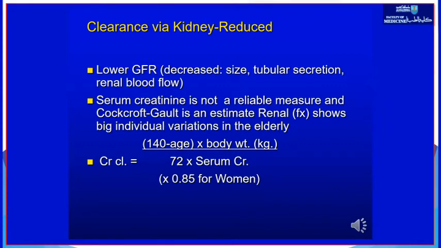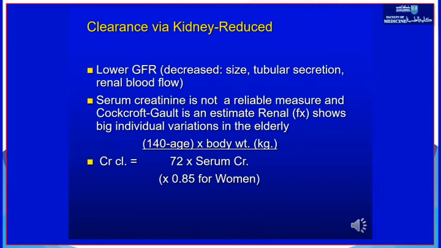As we said, with age there is a decrease in the muscle mass, and therefore there might be significant renal impairment, and this is not shown in the serum creatinine level. It might be normal or slightly reduced. So therefore we use creatinine clearance as a better renal function test in the elderly.